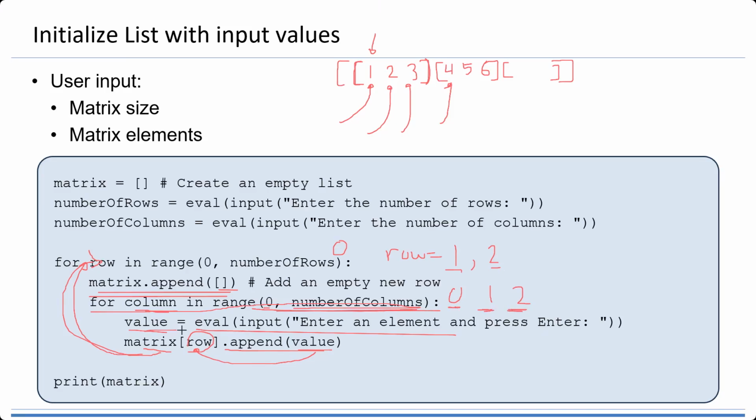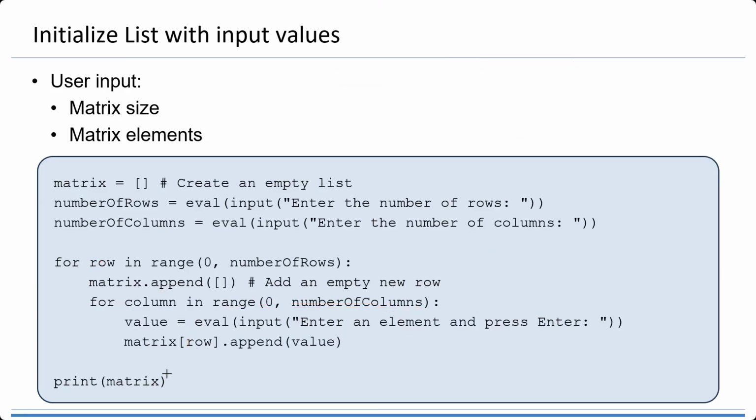So the value will be input by the user, and let's say the value is 7, it will be in index 0 in row 2. And then let's say the next value is 8, then we input 8 in the position of index 1. And then let's say the next value is 9, it goes in index 2. So this is the flow of this code. At the end, we just print the matrix.